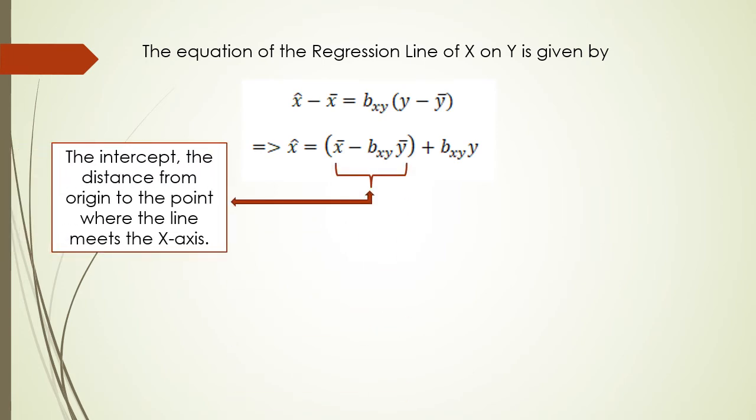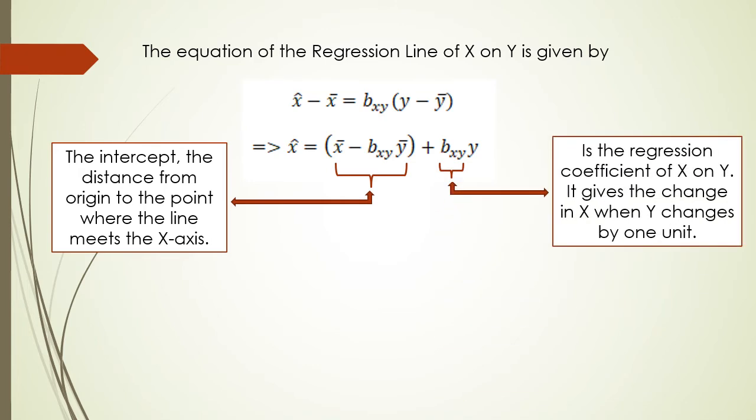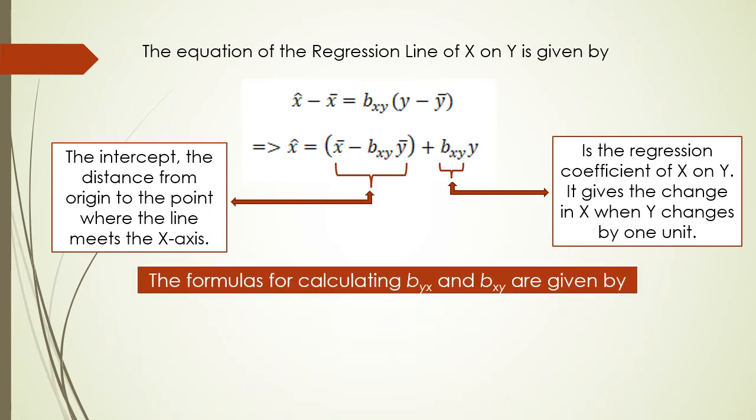The first term on the right hand side of the last equation is the intercept, the distance from the origin to the point where the line meets the x-axis. And the first factor in the second term, that is bxy, is the regression coefficient of x on y. It gives the change in x when y changes by 1 unit.